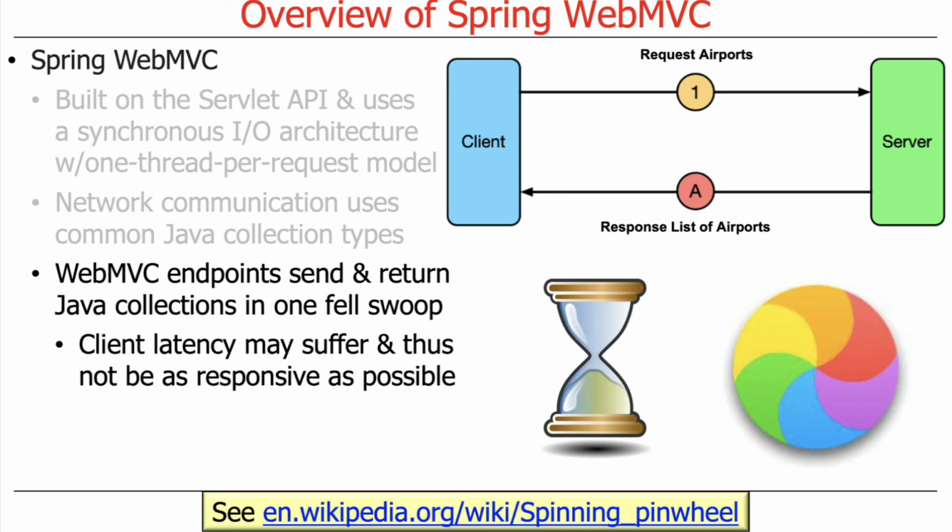However, there's a downside to this, and it's somewhat similar to the downside we talked about before with respect to the synchronous two-way blocking calls. If you have to wait till you get the entire list to send it back, that can increase the latency. And that's because it may take a while to get all the various pieces assembled.